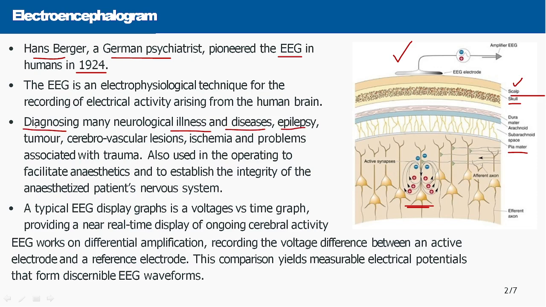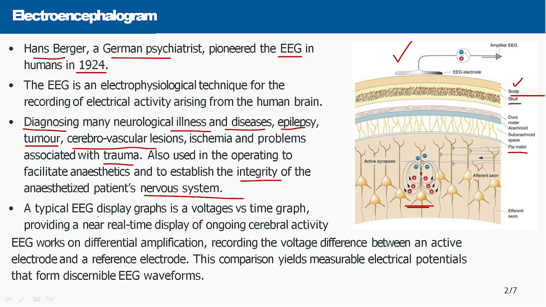This helps us diagnose many neurological illnesses and diseases: epilepsy, tumor, cerebrovascular lesions, ischemia, and problems associated with trauma. It is also used in operating rooms to facilitate anesthetics and to establish the integrity of the anesthetized patient's nervous system.